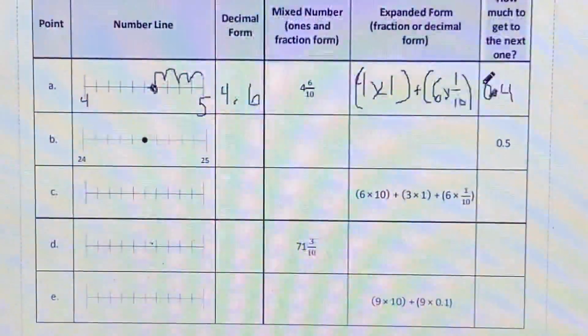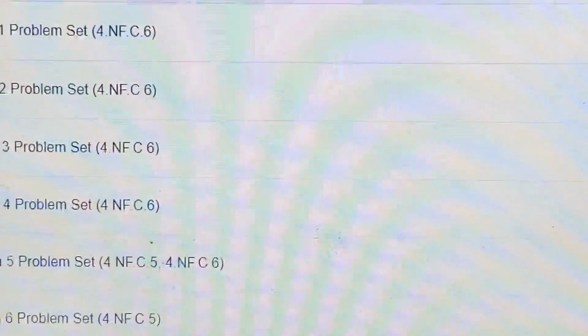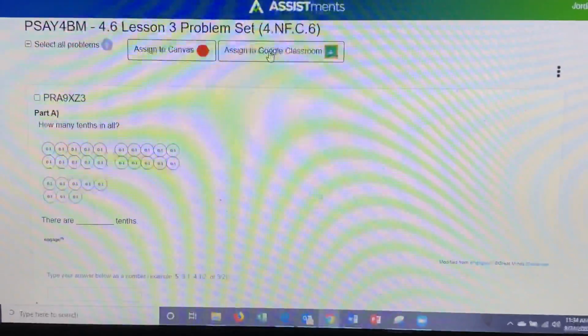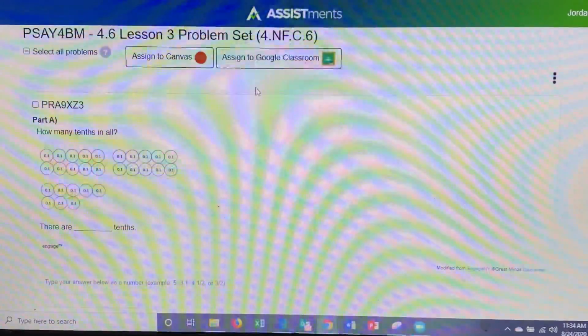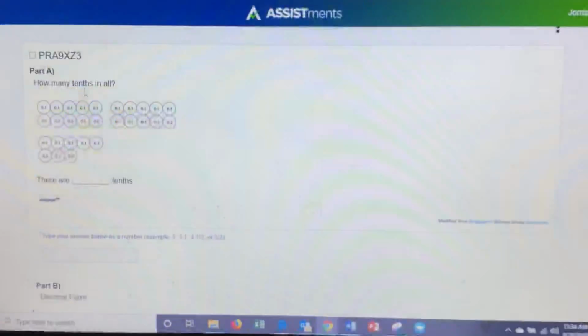Now, you guys will get a chance to go and practice on your problem set. I just want to give you a heads up. It is our lesson 3 problem set. Mr. Wise has already put it on your Google Classroom. So when you get it, you will get these questions, like how many tenths in all.